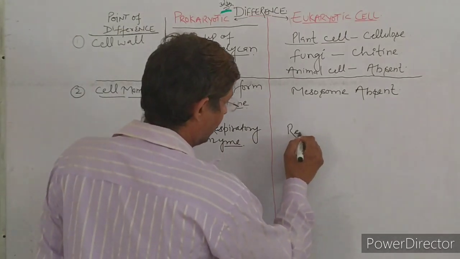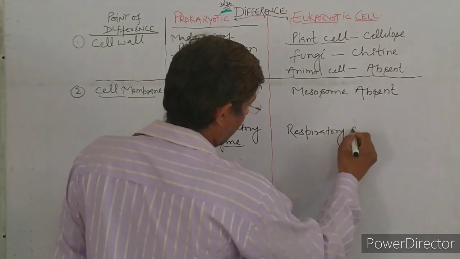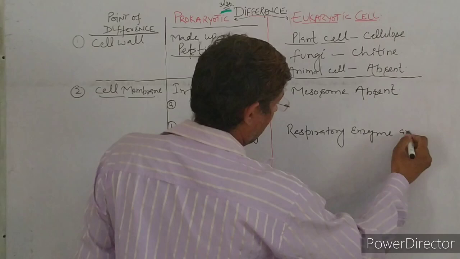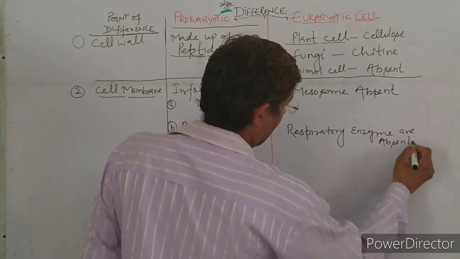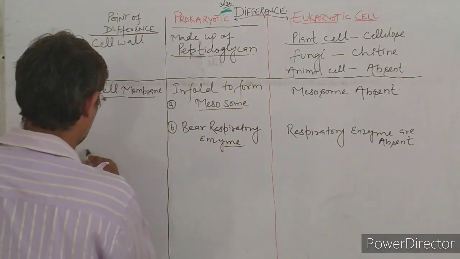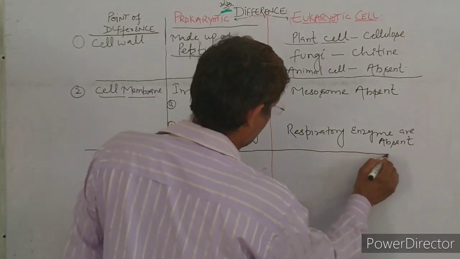Respiratory enzymes are absent in the cell membrane. These are the next 2 points of the cell membrane.